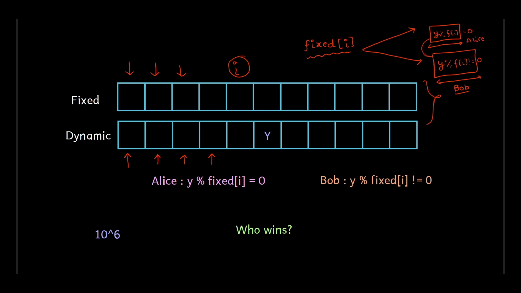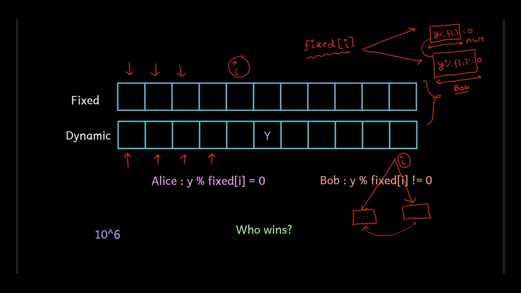But it's not really enough, because yes, for a fixed I it partitions this dynamic array into two parts, but both of these are moving parts in the sense that they will change in each round, because either Alice or Bob could have fixed this I, so this partition might rotate around, and the elements inside each part are also not fixed, because some of them might get removed in the upcoming rounds.